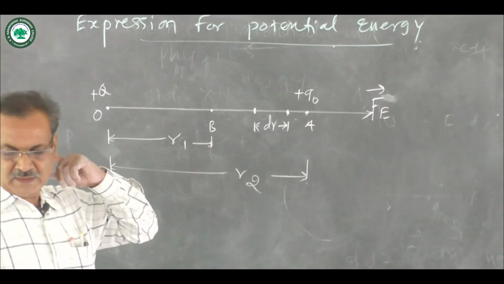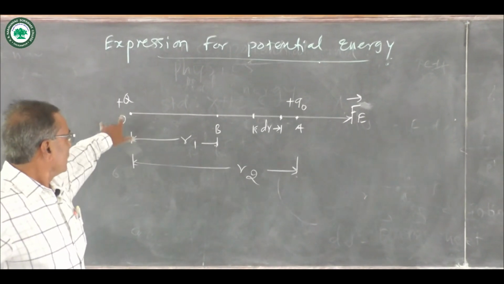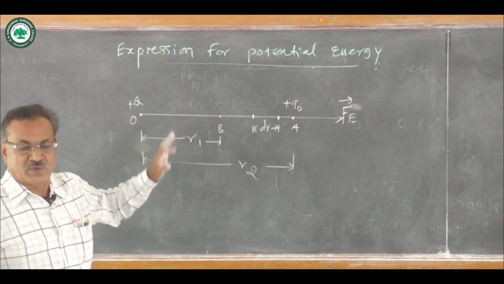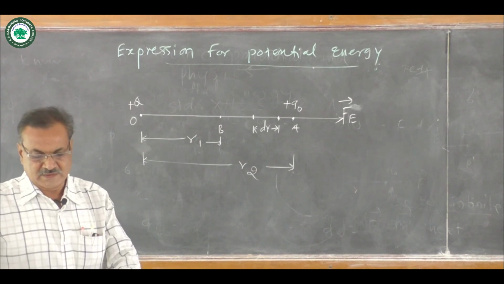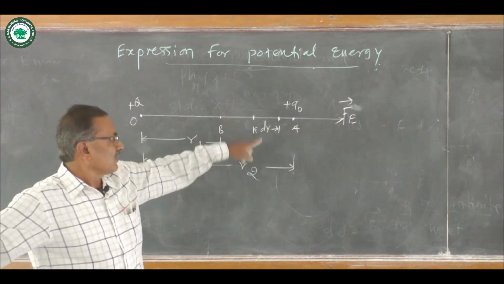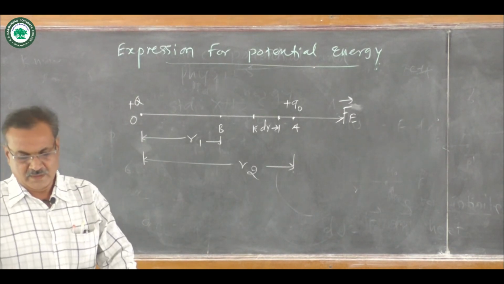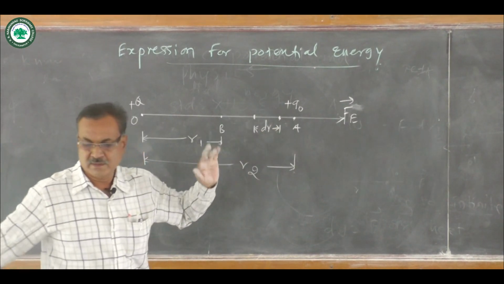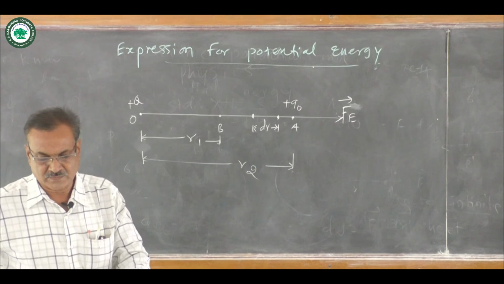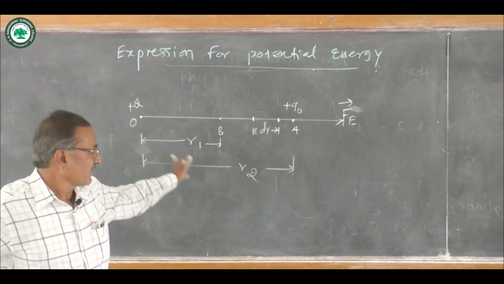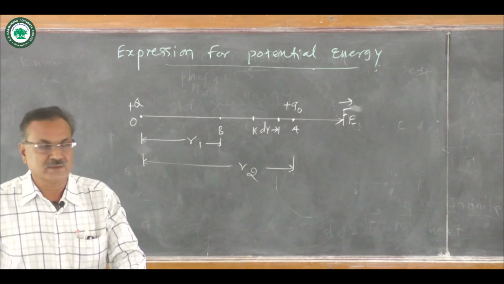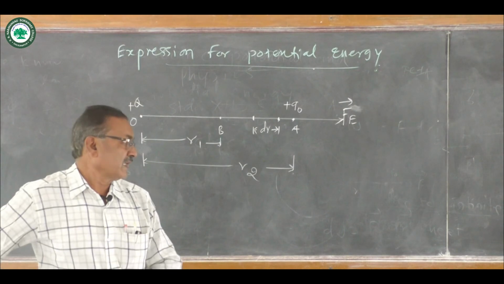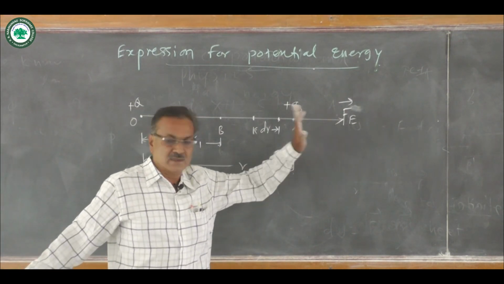Now let us consider the electrostatic field due to this positive charge plus Q which is placed at point O. A small charge Q0 which is placed at point A is brought from point A to point B, at respective distances R1, R2 from point O, against the repulsive force on it.